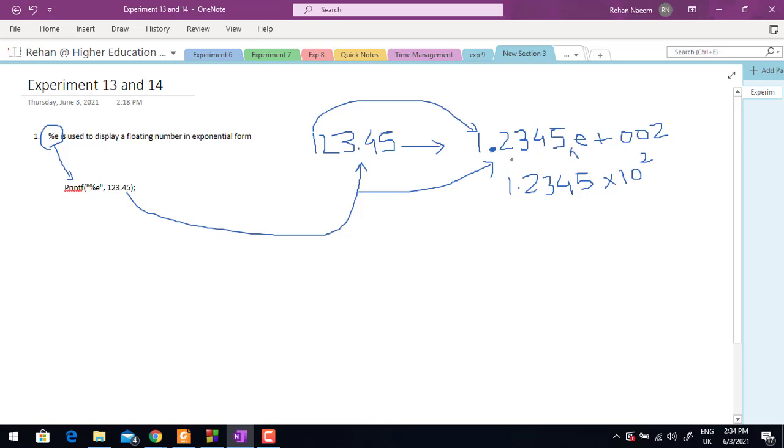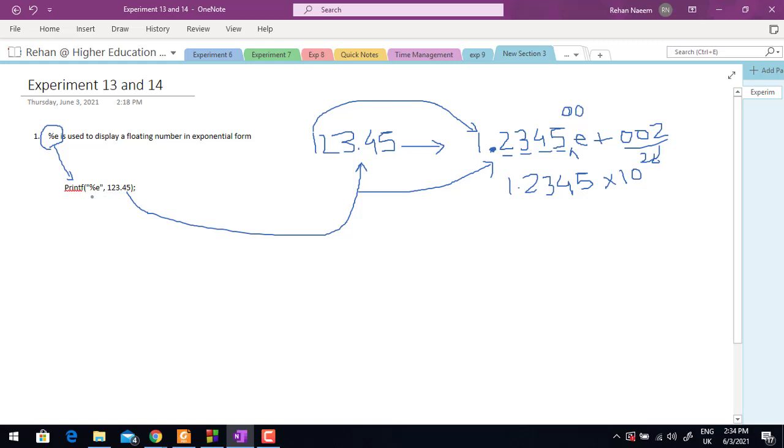As I mentioned earlier, there will be 6 digits after the decimal point. For the time being, we have only 4. The remaining 2 digits will be 0, 0. So 1.234500 e+002. E means 10 raised to the power 2. This is the power. So 123.45 will be converted into this exponential form.